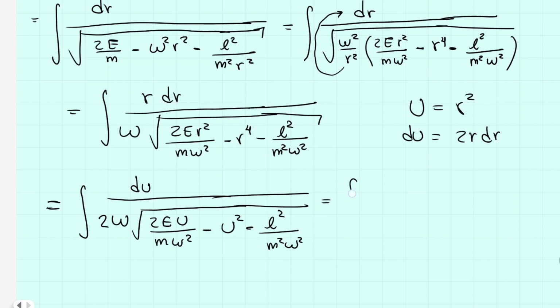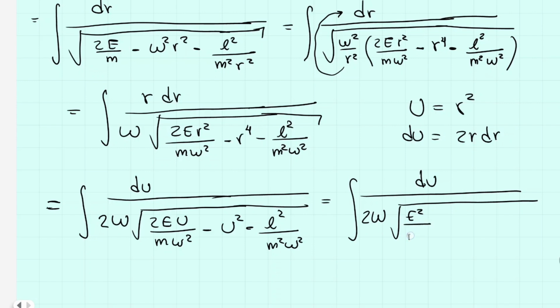Okay, and here we are going to do something similar to the other process. Here we are going to get du over 2 omega times the square root, and we are going to express this term as the next. It would be E squared over m squared omega to the fourth minus L squared over m squared omega squared minus u minus E over m omega squared to the second power.